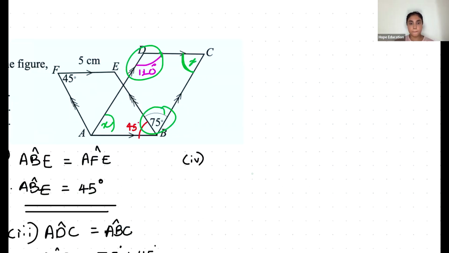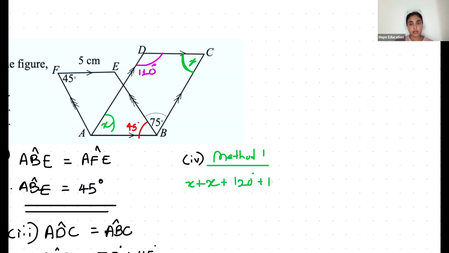So I will write method 1. x plus 120 plus 120 equals 360. 120 plus 120 is 240.